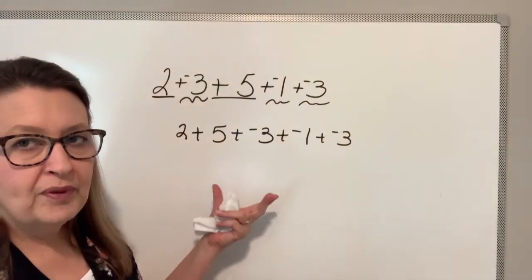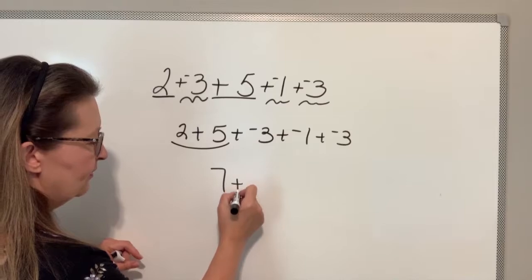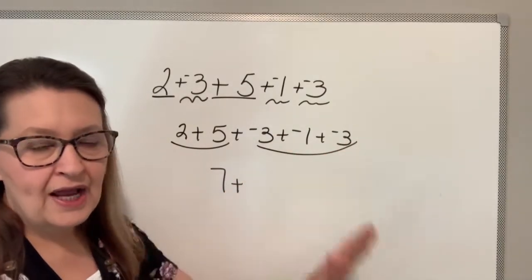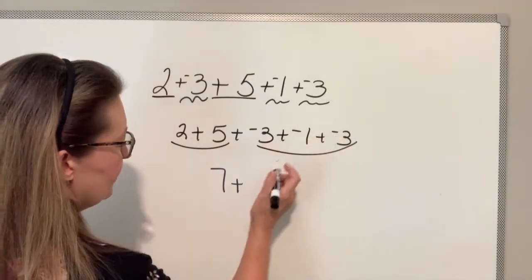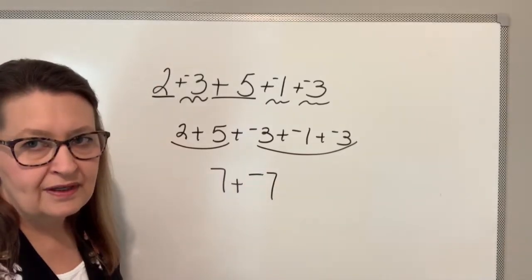Now, the benefit to this is you can add these 2 together and get 7. When you're adding all negative numbers together, you know you're just going to add the numbers and keep it negative. So I've got 3 plus 1 is 4 plus 3 is 7, and you keep your sign. So now I've got negative 7.